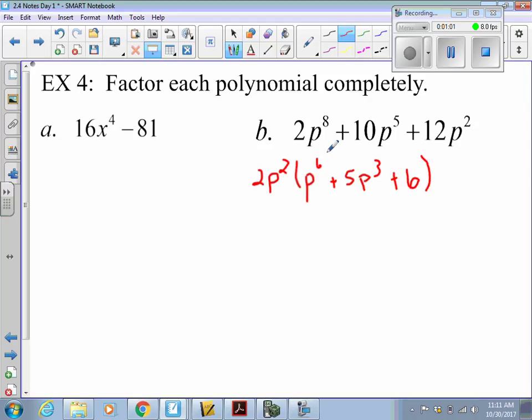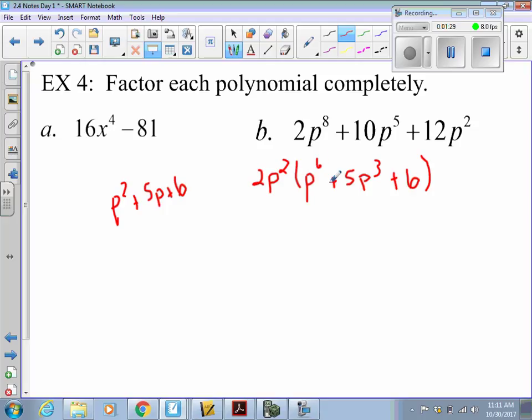Now you might be wondering, p to the 6th, that's really high, right? Well, you actually can factor this very similar to if it was p to the 2nd plus 5p plus 6. So the way you would factor this basically quadratic expression is how you would factor this expression, which is p to the 6th.